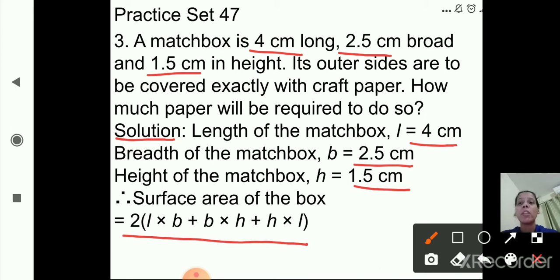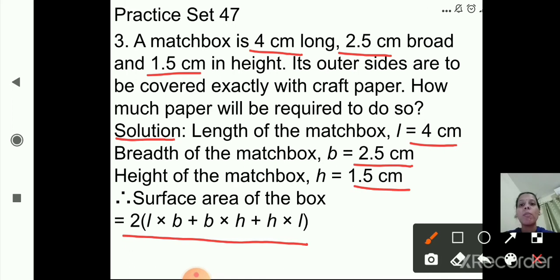Okay, so we have to find the paper which is required to cover the outer sides of the matchbox. So for this we will find the total surface area of the matchbox, that is the total surface area of the cuboid. Okay, so the formula is 2 outside the bracket, inside the bracket L into B plus B into H plus H into L. Okay, now we'll put the values.